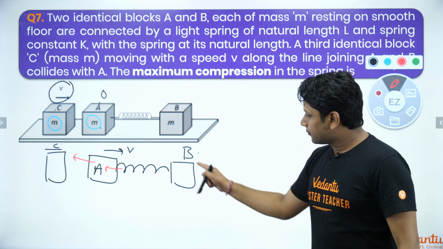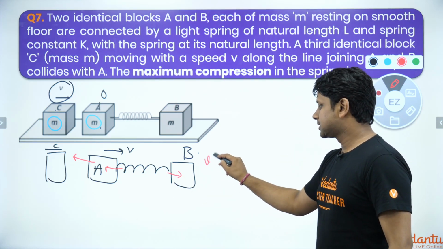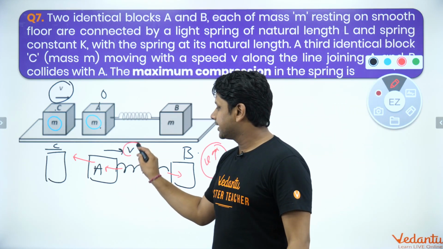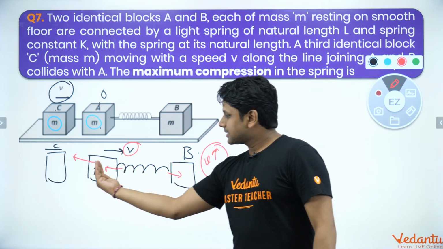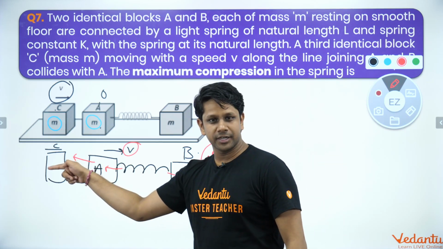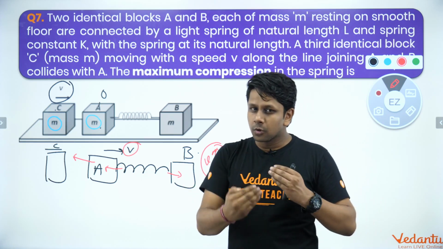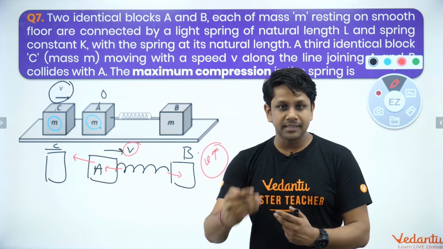But spring force on B is in this direction. So B का speed will start increasing. समझ आ रहा है? A का speed initially कितना है? V. B का speed initially कितना है? 0. So as A is moving in this direction, spring is pushing it in the backward direction, but B is getting pushed in this direction. So slowly A will lose the speed, B will gain the speed.